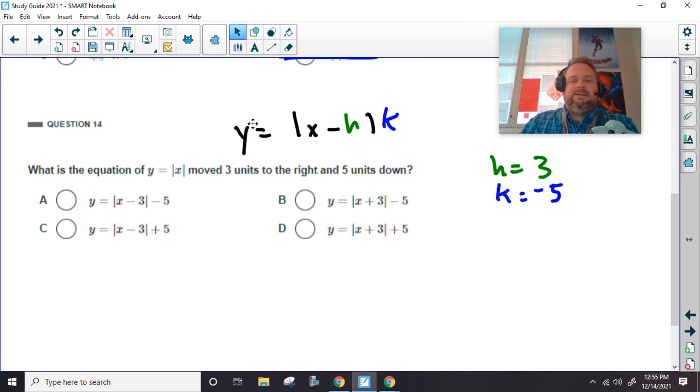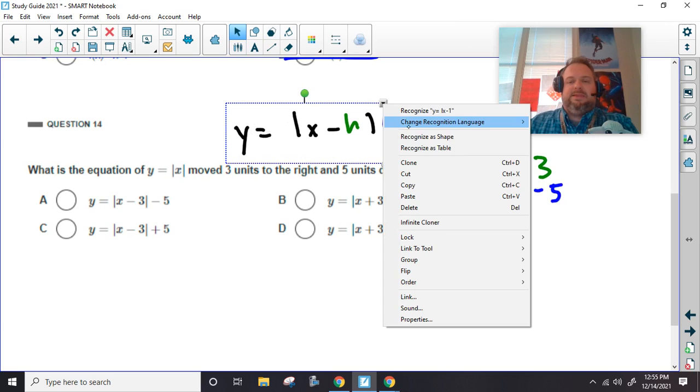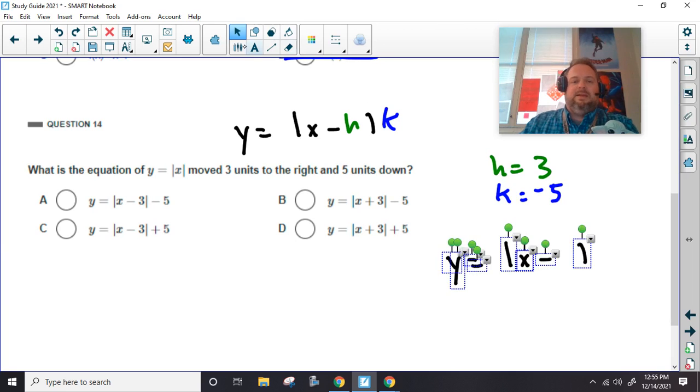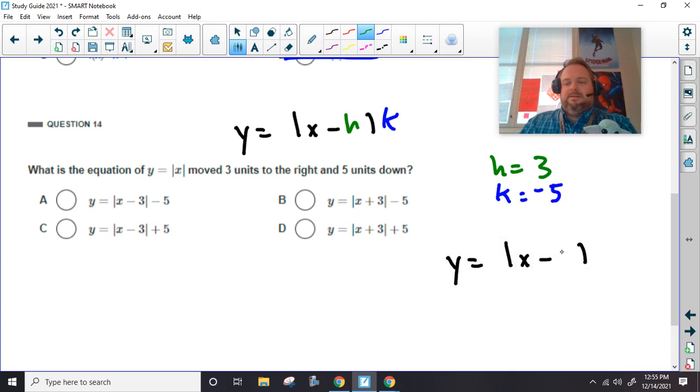So basically, I'm going to take this and plug in 3 and -5. So y'all just copy and paste just like I did on my screen. And we should end up with A.